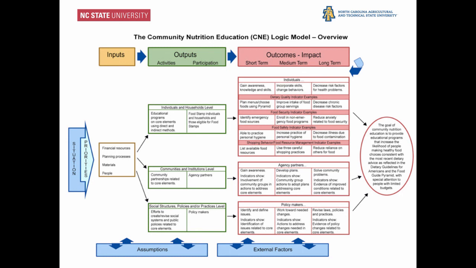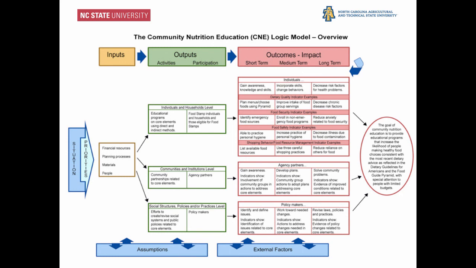Moving on to outcomes, individuals gain awareness, knowledge, and skills by planning menus and using the pyramid, identifying emergency food sources, practicing personal hygiene, and listing available resources. Individuals change behavior by improving food intake, enrolling in non-emergency food programs, increasing practice of personal hygiene, and using careful shopping practices.